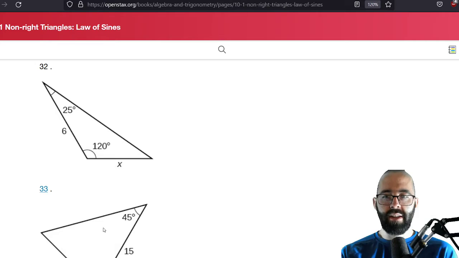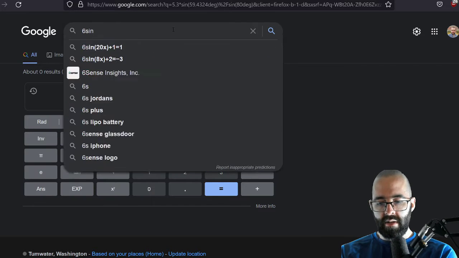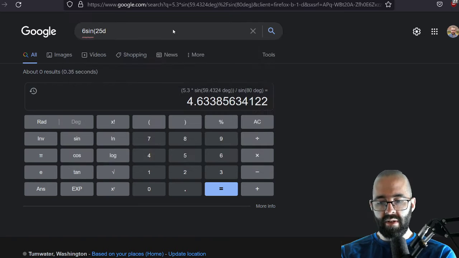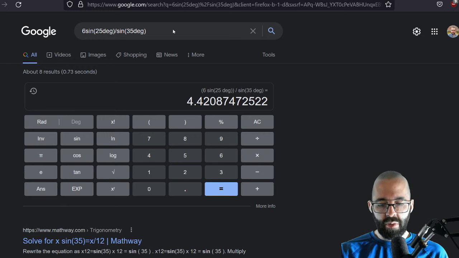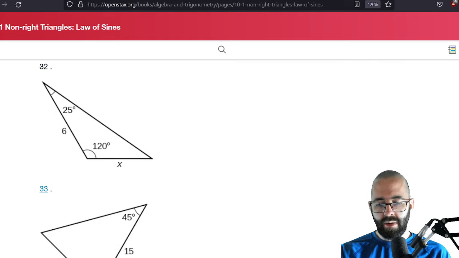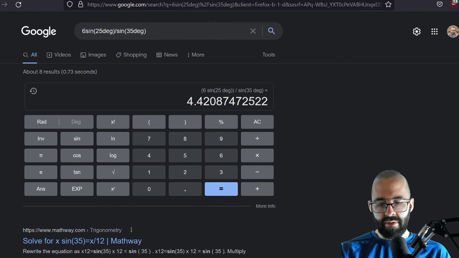Approximate that with a calculator, and you're going to get about 4.42. What did it want us to round to? Nearest tenth. So about 4.4.